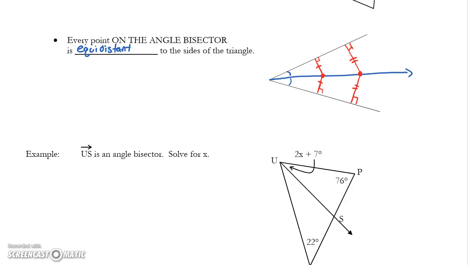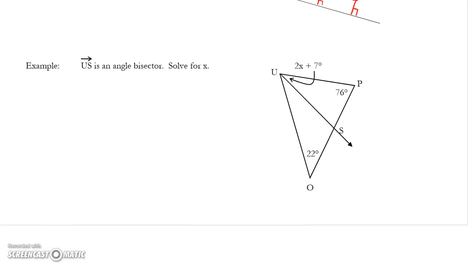For right now, our major focus is going to be on the angle bisecting part, and we're going to have to recall and utilize 2 things. First, the triangle sum theorem, and second, linear pairs. So if I am told that ray US is an angle bisector and to solve for x, I know that this angle is congruent to this angle.